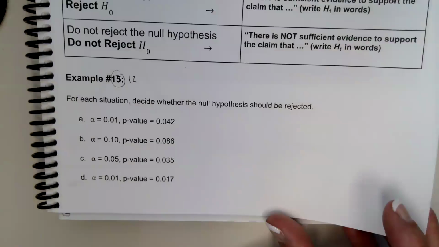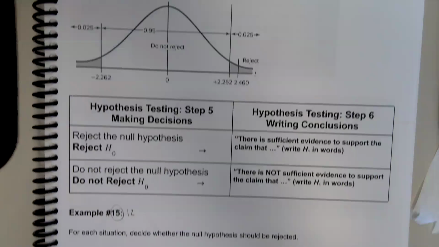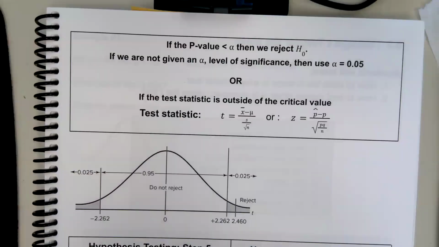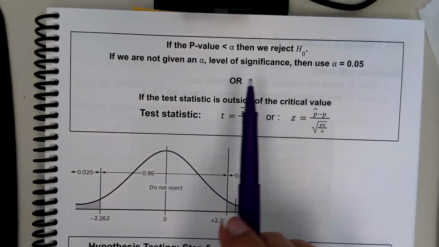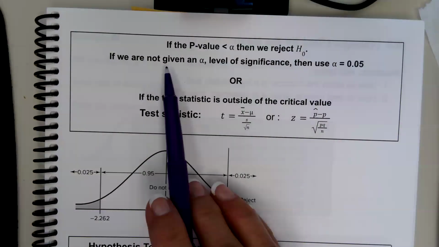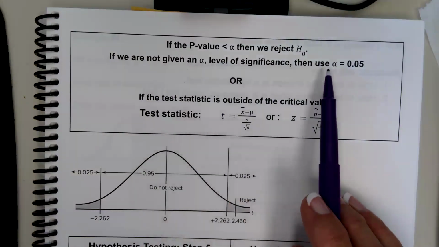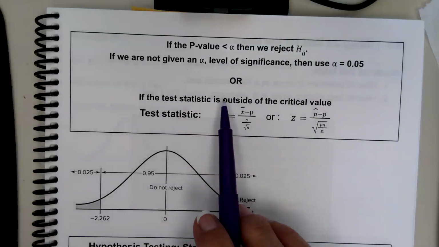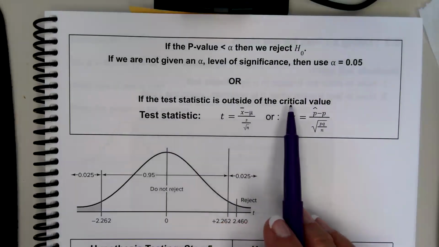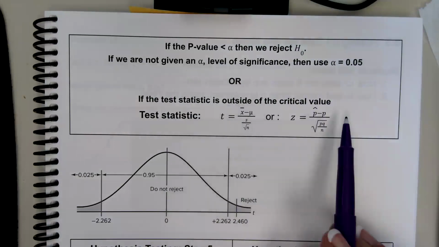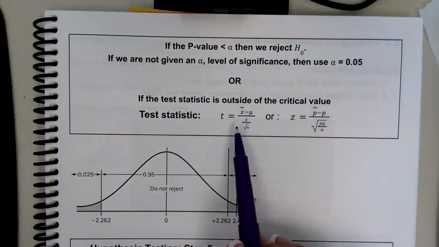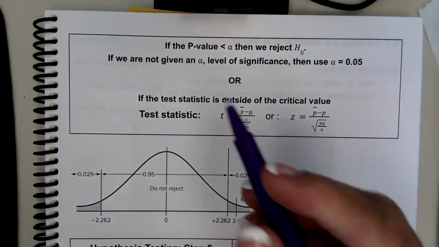So let's see. It says, if the p-value is less than alpha, then we reject H0. If we are not given an alpha level of significance, then use alpha equals 0.05. Or reject if the test statistic is beyond the critical value. So here are the two test statistics. This is for quantitative data, for means.